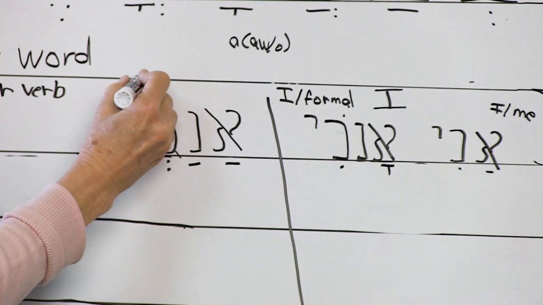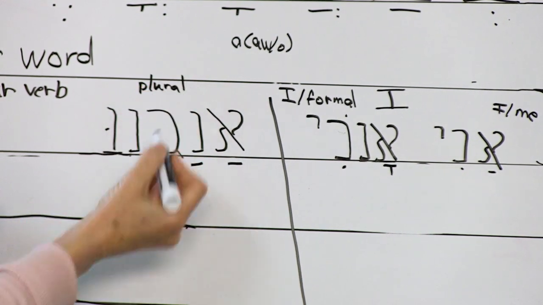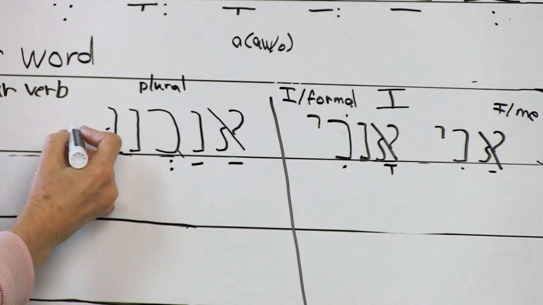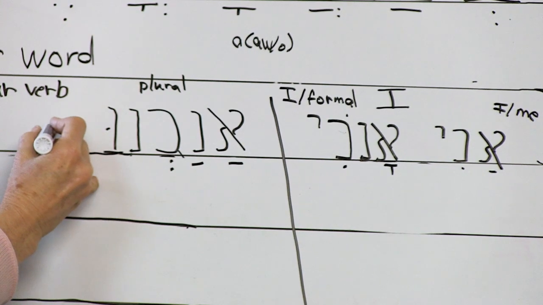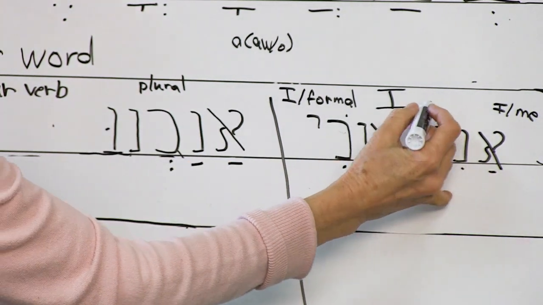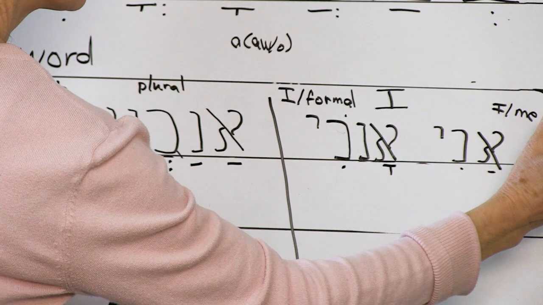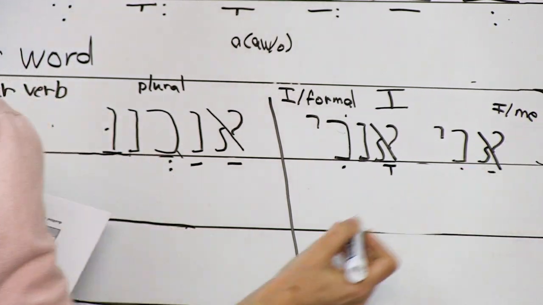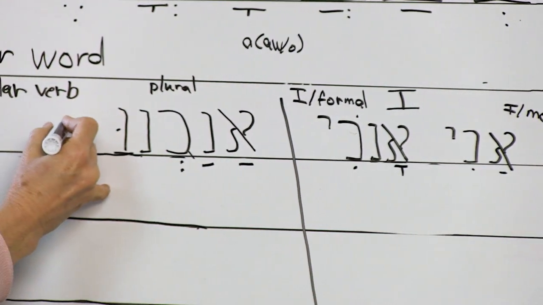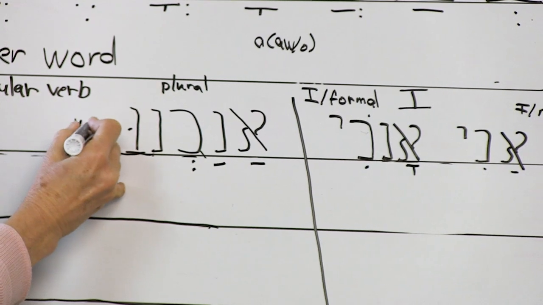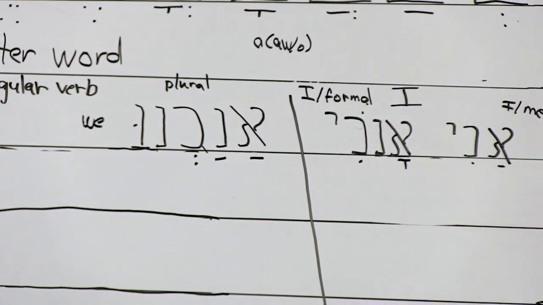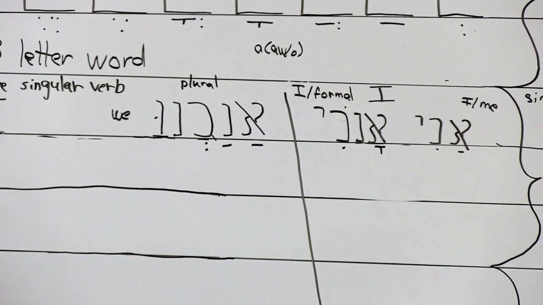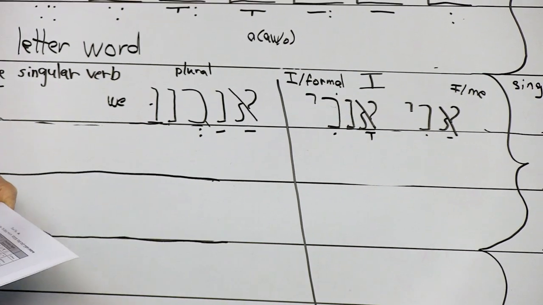This is a plural. It's either ooh, new is plural. That's the plural part of it. So there's I, which is singular. And the plural is we. Very good. So anachnu is we. Oh, we. Just the word we. That's just the pronoun. Right. So these are pronouns.